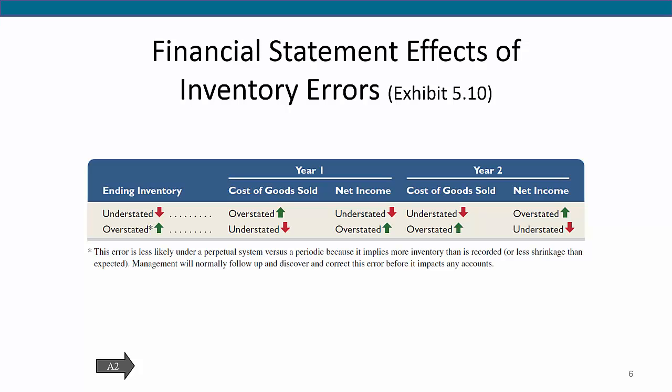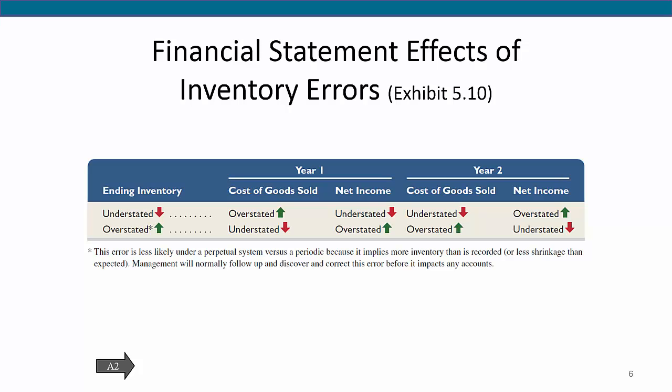This exhibit is in your textbook, Exhibit 5.10, and illustrates the effects of inventory errors on key amounts in the current and next period's income statement. I'm not going to spend more time on this subject because it's fully described in your textbook. Your homework will also help you learn what happens when there's an error in inventory. What I want you to know is that errors may be caused for a number of reasons.